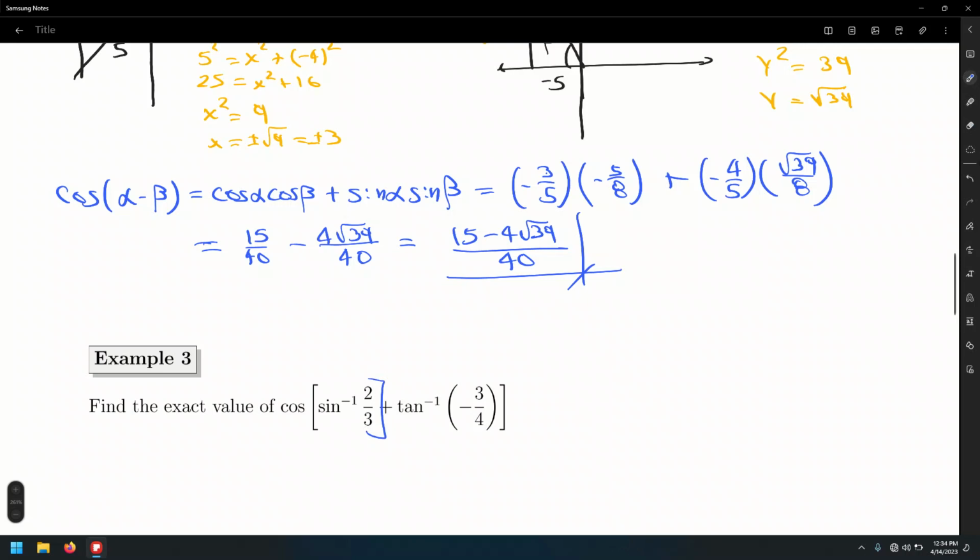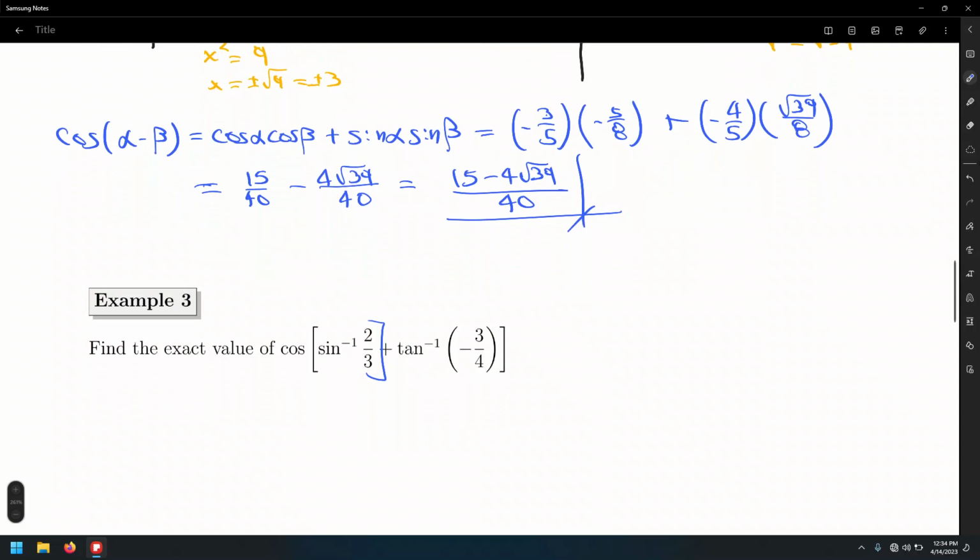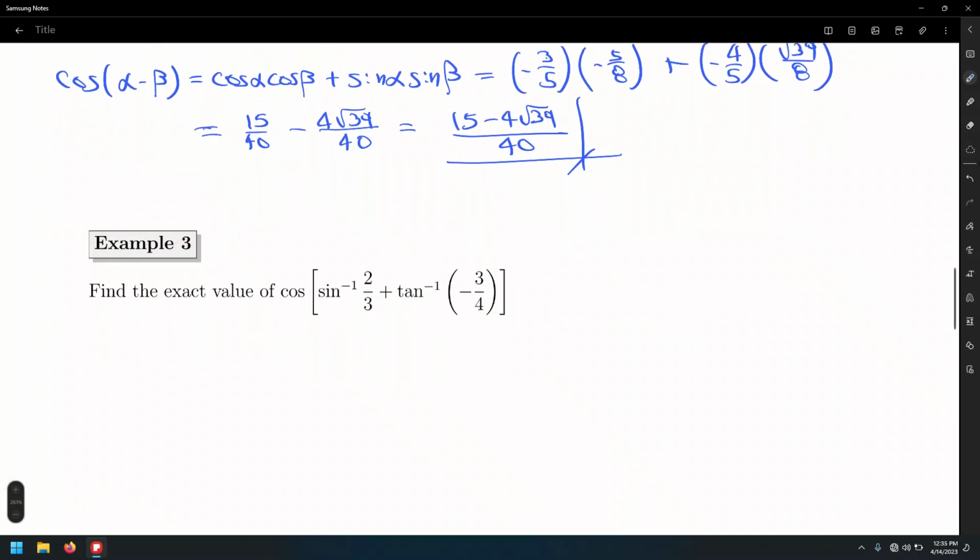Let's ignore that last term. We already evaluated something like that in the previous section, about combining trigonometric functions with their inverses, composing more properly said. And we're going to treat this the same way.